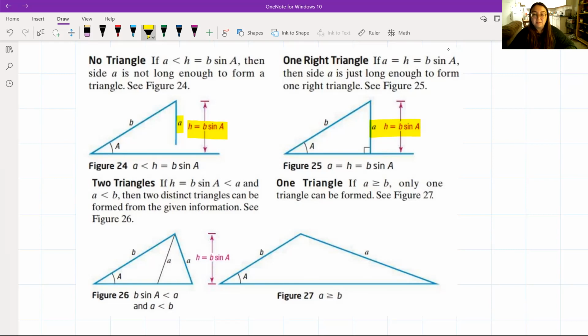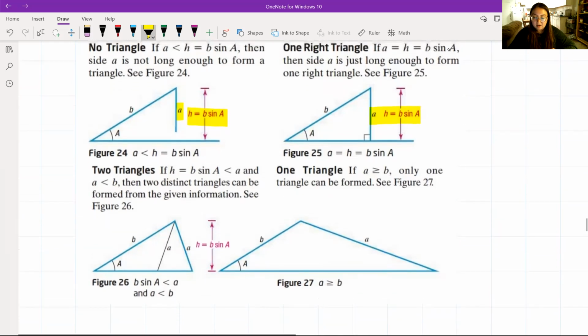Because it perfectly matched the height, it perfectly created a right triangle. Then for another case of one triangle, not a right triangle, but just one triangle, if lowercase a is greater than or equal to b, only one triangle can be formed.